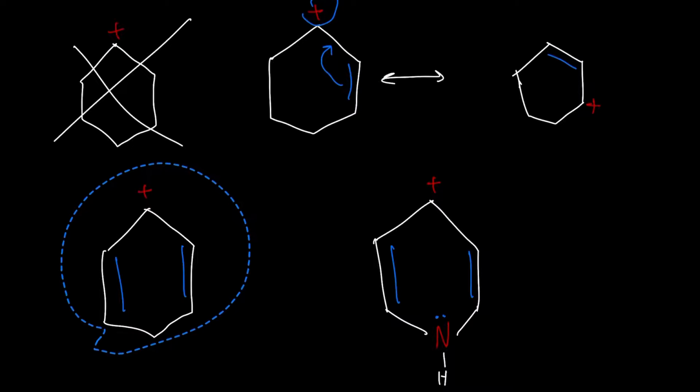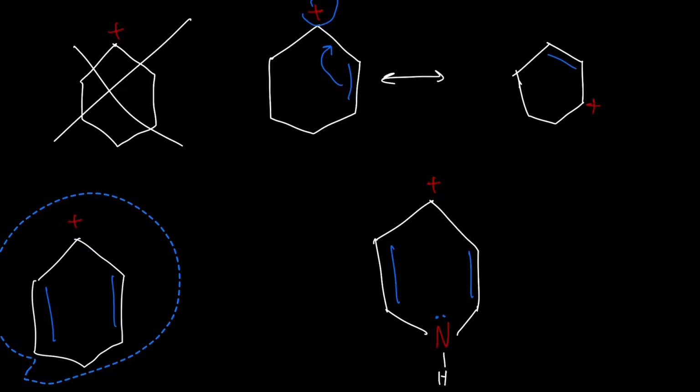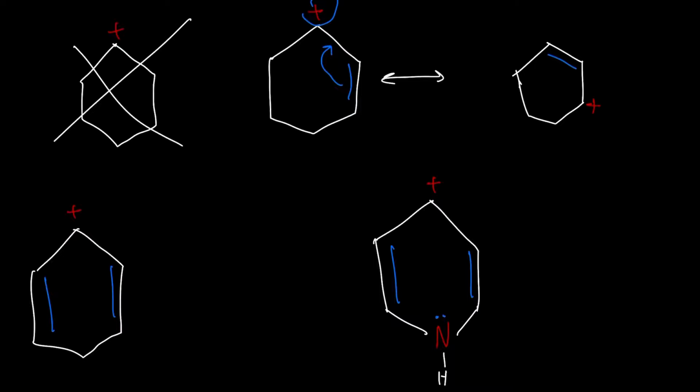The one on the bottom left, if you analyze its resonance structures, it has 2 double bonds next to the positively charged carbon. So it can actually have a situation where this pi bond goes here, and then the positive charge jumps 2 carbons clockwise, and the other double bond stays the same.